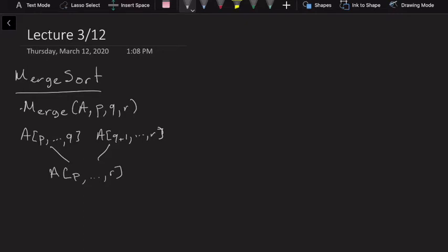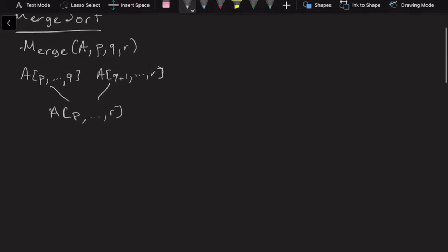And what we said was that if we had that merge subroutine, we could do sorting for a big array by using the divide and conquer methodology and do a recursive call to merge sort. We could have merge sort, which would sort a big array, and it would take an array with the first index and the last index.